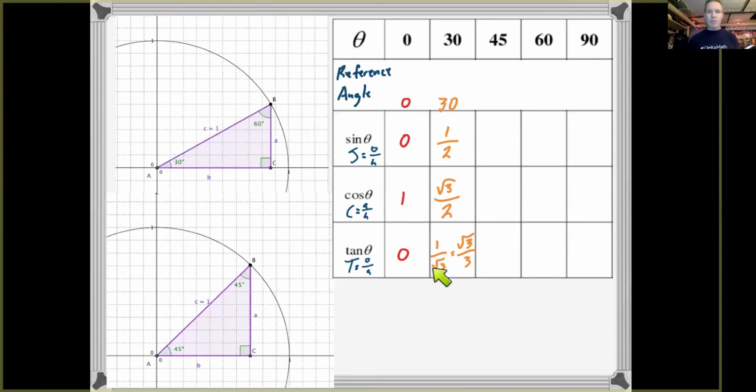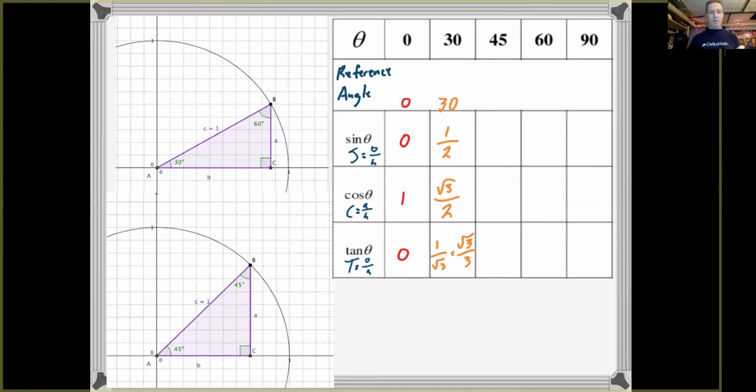I don't care too much about rationalizing denominators, but Delta Math does a little bit, so we would write that as radical 3 over 3. They're equivalent. And what you'll notice here, and we'll get to this when we get to the unit circle later in the year, is that if this is our reference angle, the sine is actually this y distance, and the cosine is this x distance. Interesting. I just wanted to throw that out there.